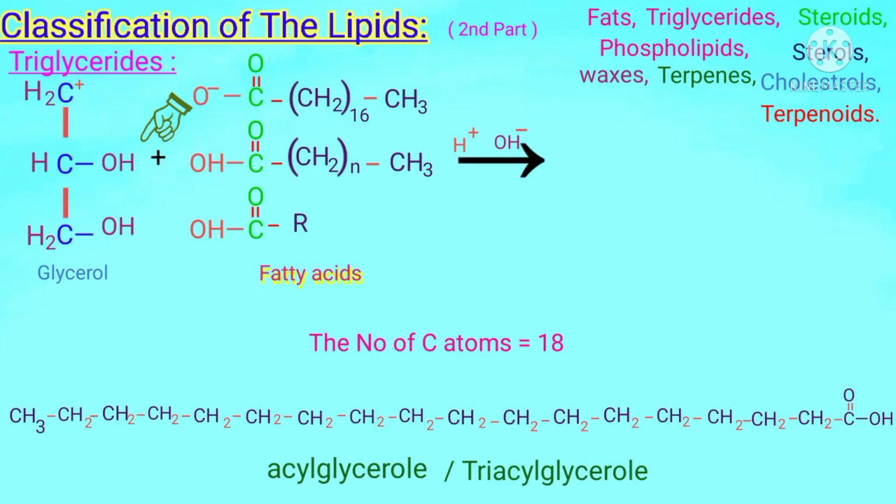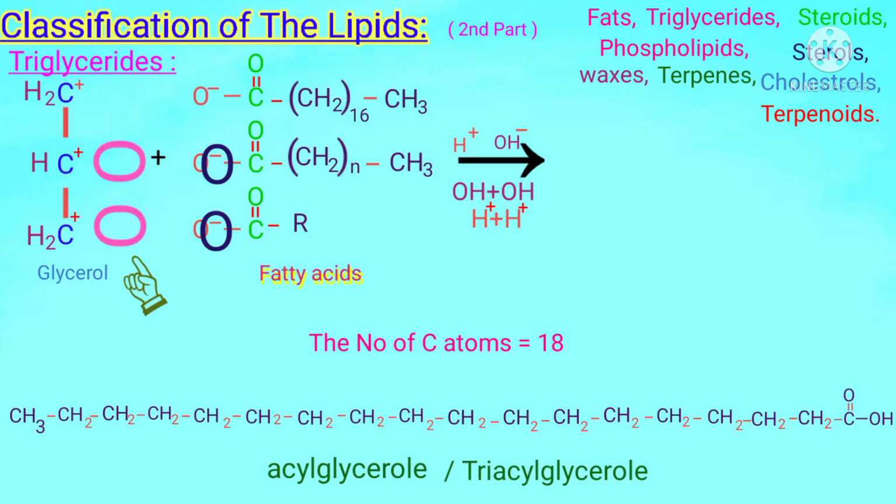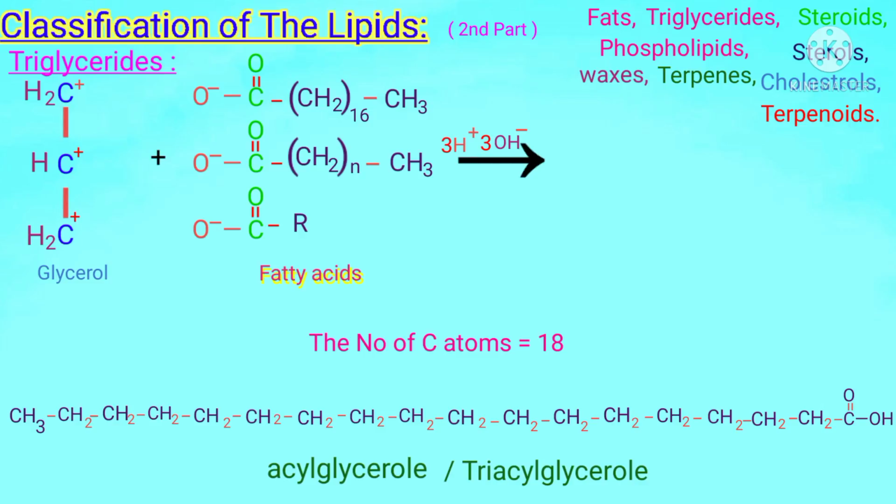Similar is the case with this hydroxyl group and hydrogen, and with this hydroxyl group and hydrogen also. So by the removal of 3 hydroxyl groups and 3 hydrogens, we get 3 OH ions and 3 H ions. All of these 3 hydroxyl groups and 3 hydrogen ions combine to form 3 H2O molecules, and students, these 3 H2O molecules will be released outside.